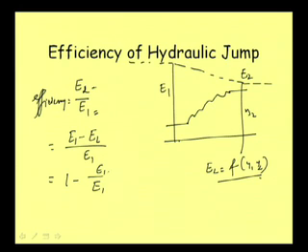So, that way also we can calculate the efficiency of hydraulic jump. This is one expression and this is one expression. If we are not calculating E2, and we are calculating energy loss directly from this one, then we can calculate it in this way.